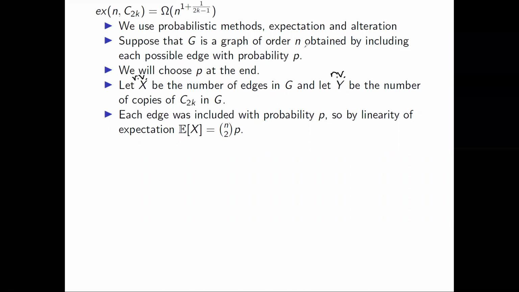In order to get the expectation of X, we're going to define some indicator random variables. So we'll say let X_e equal 1 if e is in G and 0 otherwise.